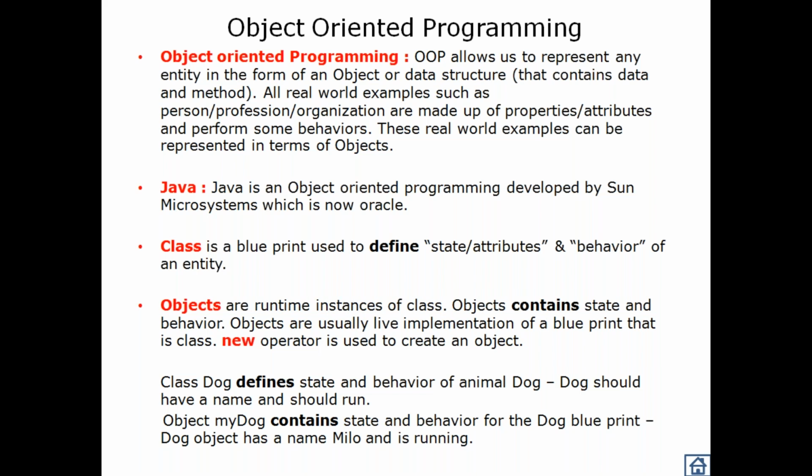I want to write software for a restaurant application. That's the problem statement. Now how you approach solving this problem depends on what programming style you choose. The most popular ones are object-oriented programming languages and procedural or functional programming languages.